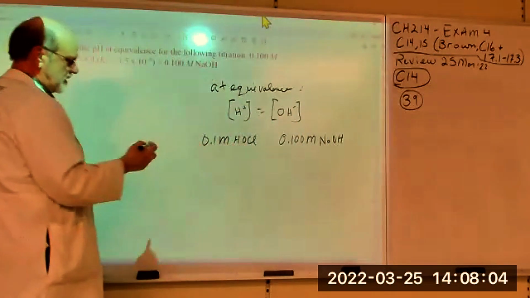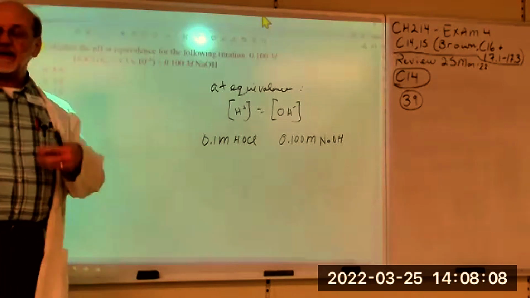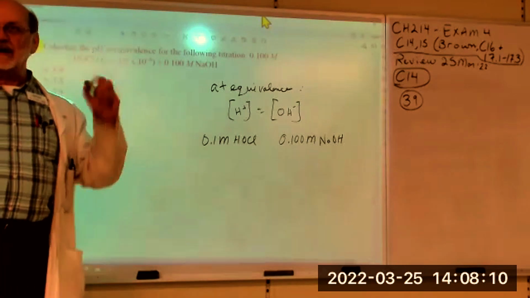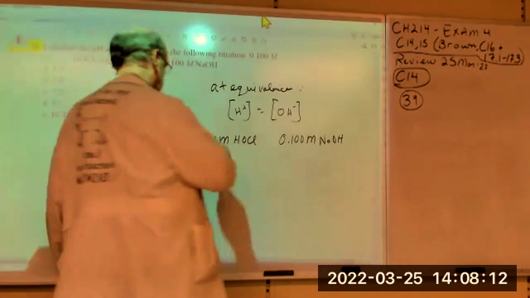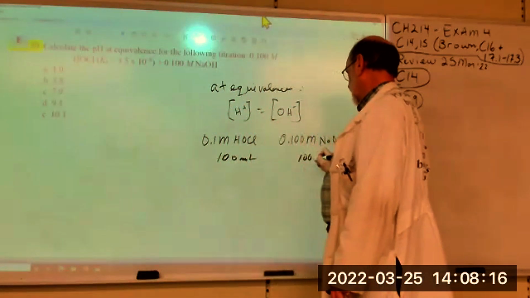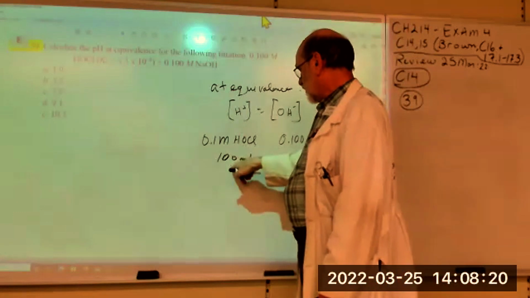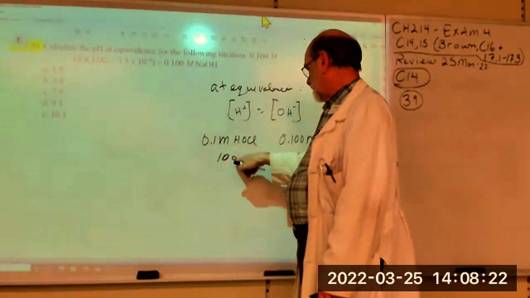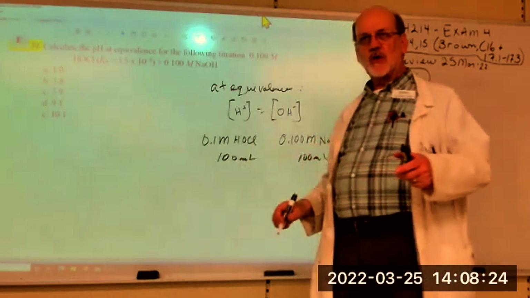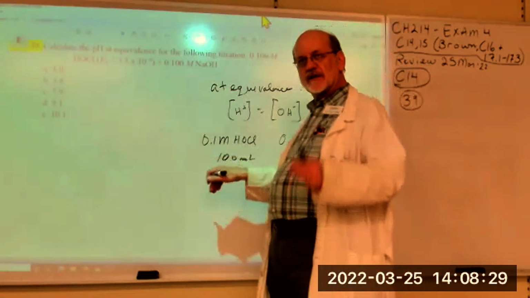Since we don't have a volume, we know the volume is going to be equal, so we can just make up a volume. Say this one's going to be 100 mils. That means this one has to be 100 mils. So this is going to be 100 times 0.1. And I'm going to use millimolar. Did I explain millimolar before? Milliliters times molarity is millimoles.